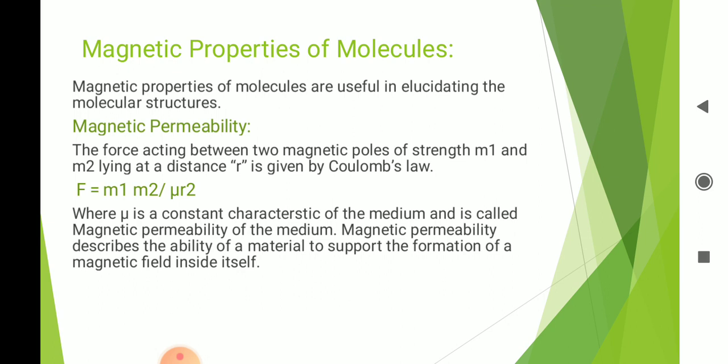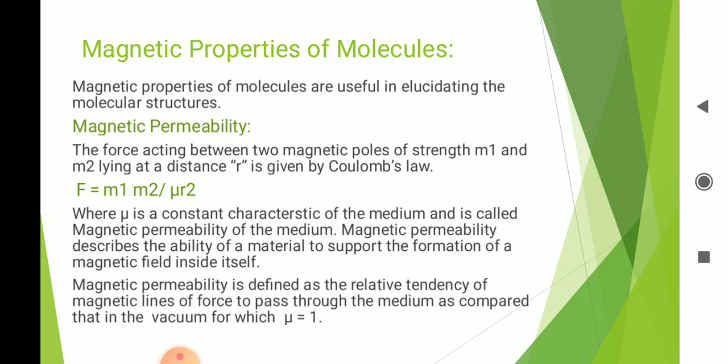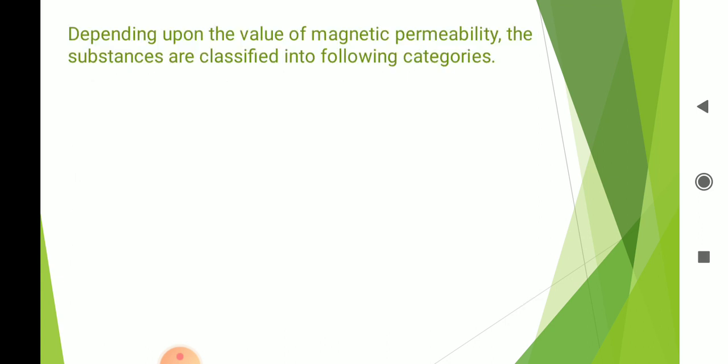Depending upon the value of magnetic permeability, the substances are classified into the following types. One is the diamagnetic substances. A substance constituting the medium with mu, the magnetic permeability, less than 1 is called a diamagnetic substance.